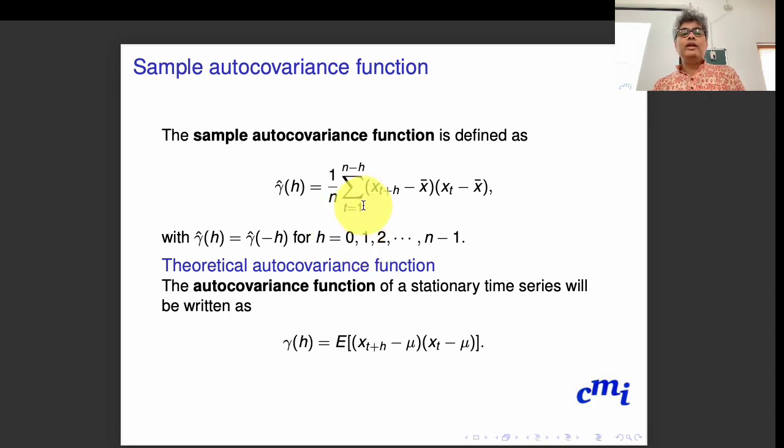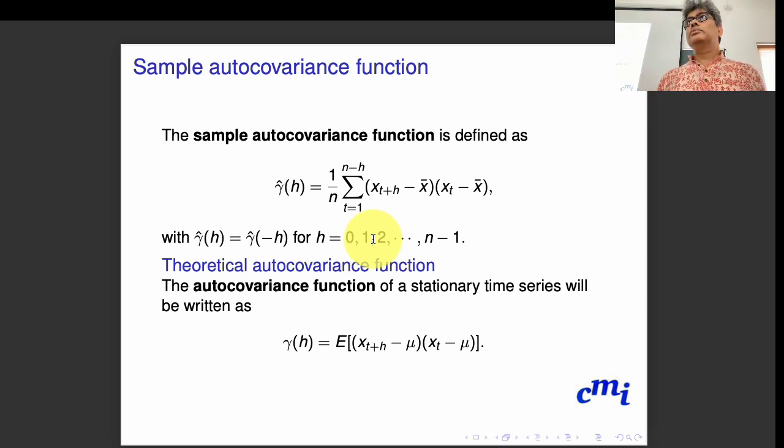So then it will start from h and go up to n. That's it. If you just say t minus h, then you are interested in calculating xt minus h. In that case, instead of running from 1 to n minus h, you run it from h to n.